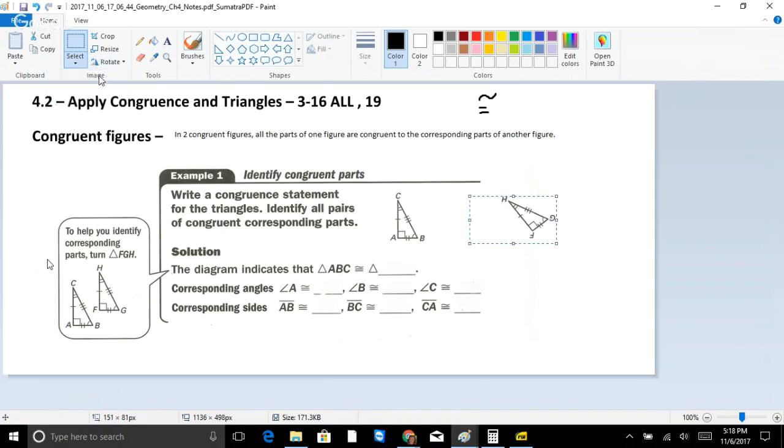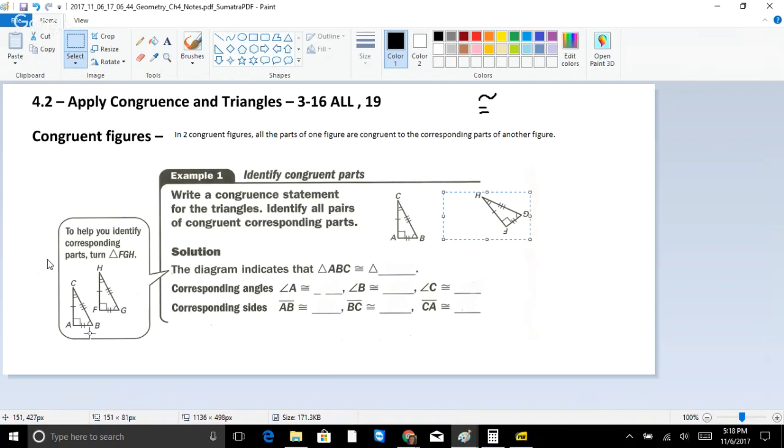I was hoping that I could rotate it on a specific thing. You can see they rotated down here so that our lines and angles match up, because it's easier if you can get your triangles, if they're congruent, to look the same. They have done it nicely down here, so we're just going to pretend that we're able to do that, and we'll work off this figure down here.